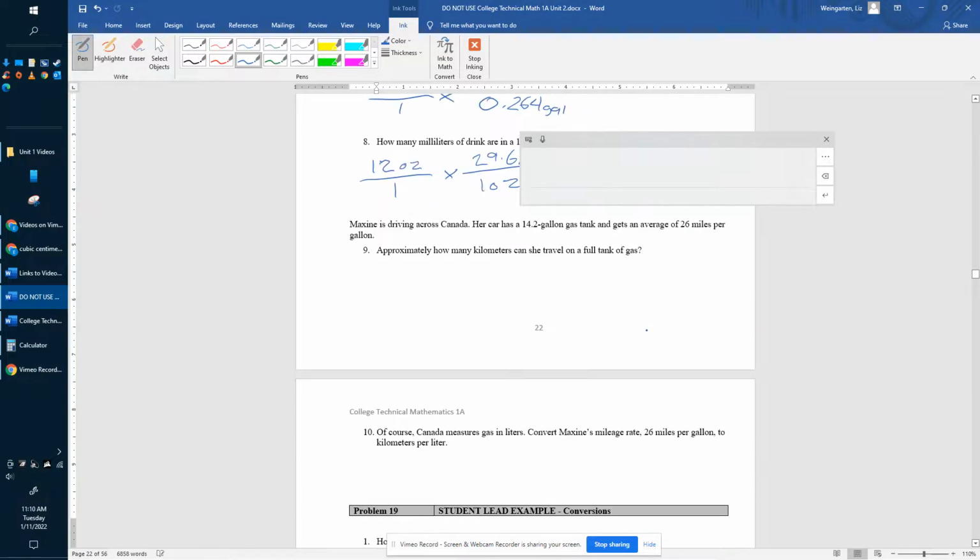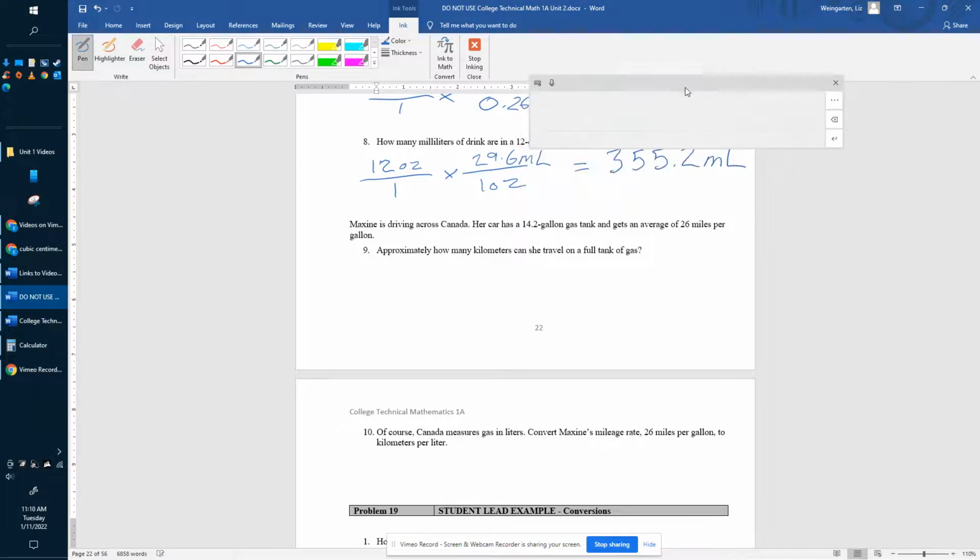Just a couple more questions to go. Maxine is driving across Canada. Her car has a 14.2 gallon gas tank and gets an average of 26 miles per gallon. How many kilometers can she drive on a full tank of gas?